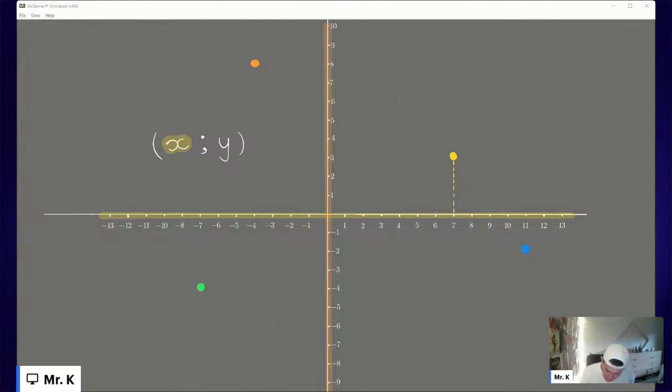And when I do this, I can see that my x value is positive 7. So we're going to write our brackets first for the coordinates. We open our brackets and we know that our x value needs to be the value positive 7. So we'll write that down and then put in our comma.